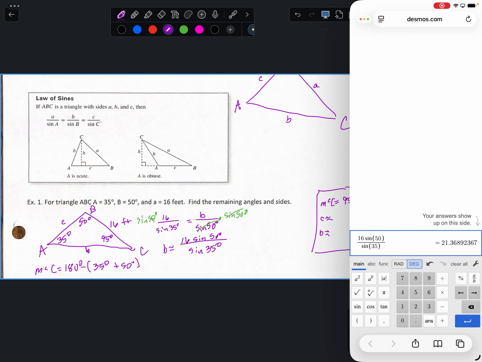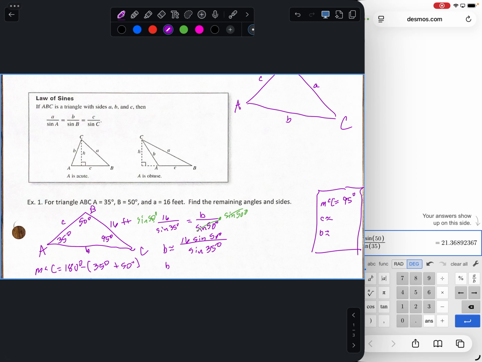I have degrees highlighted in Desmos, and it's evaluated. And I have a tendency to write that out to at least 5 decimals for right now, just in case I decide to use it to find something else. But in my answer box, I will round it to 3 decimal places.